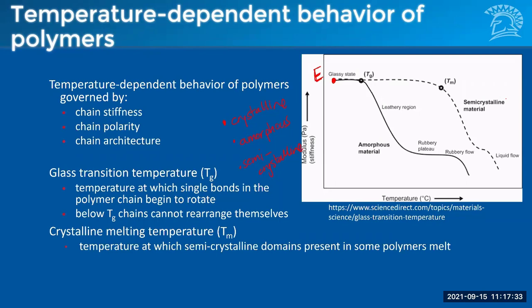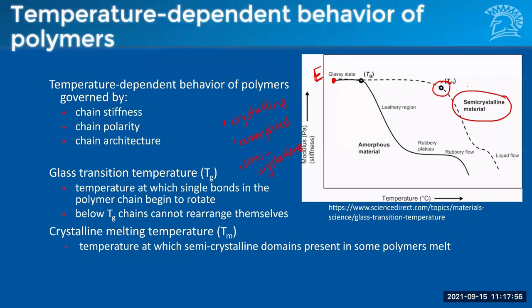If we've got a crystalline material, like a metal or ceramic, we heat up that material for a long time, and the stiffness remains the same until a certain point, which we call the melting temperature. The curve takes a rapid downturn. We rapidly lose stiffness as our material starts to melt. It turns from a solid into a liquid.